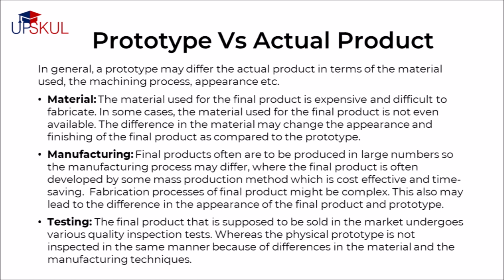So, a prototype is usually made up of material which is easy to fabricate but with properties identical to that of the final product. In some cases, the material used for the final product is not even available. The difference in the material may change the appearance and finishing of the final product as compared to the prototype.